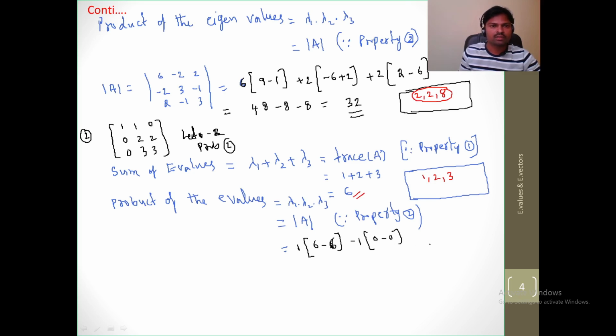And the last one, minus 0 into again 0 minus 0. So I am getting zeros. I think something I have done wrong.